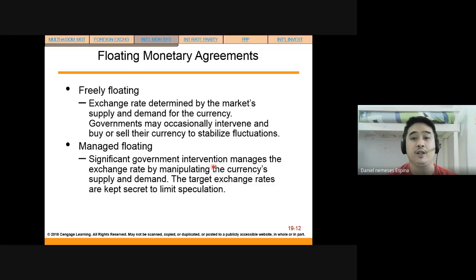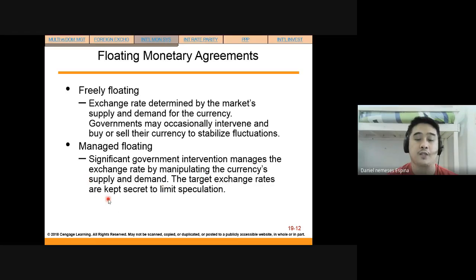Managed floating. So there's a significant government intervention. The government manages the exchange rate by manipulating the currency supply and demand. The target exchange rate, of course, is being kept.